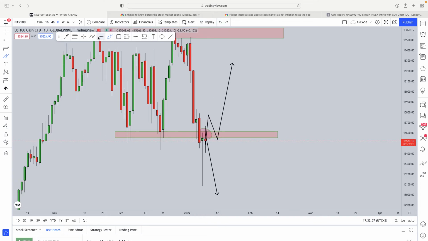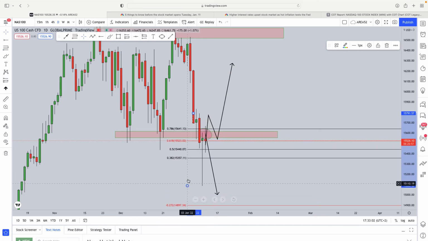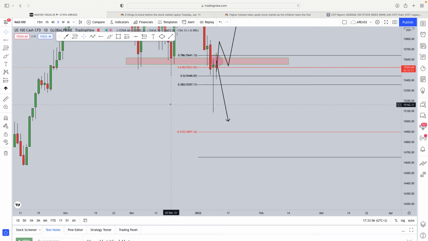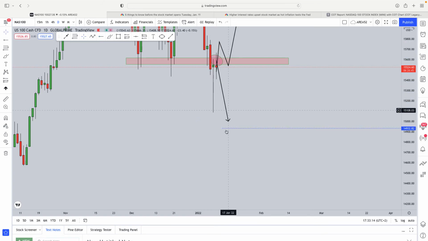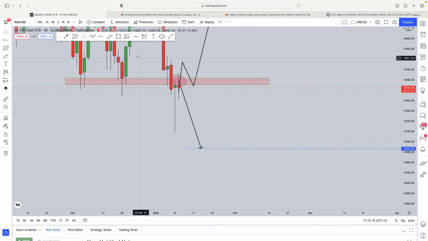Now, if you don't know where you should sell the market to, all you do is take your Fibonacci from the high to the low, where there was a rejection at the 61.8. You then just adjust your fib to that level, and this will be your target level that you can definitely look for potential selling opportunities in the market, for the market to create that lower low.